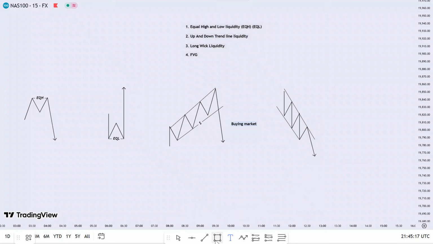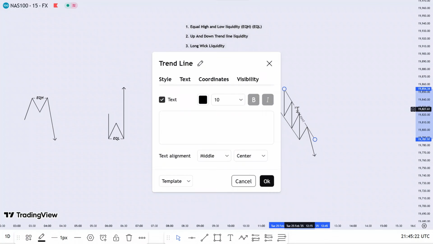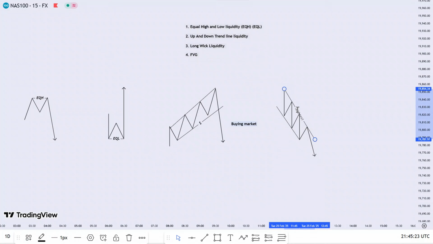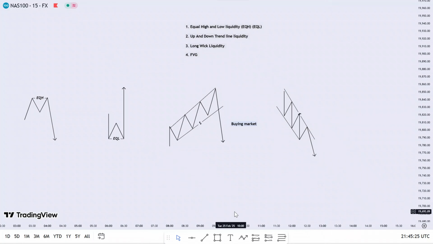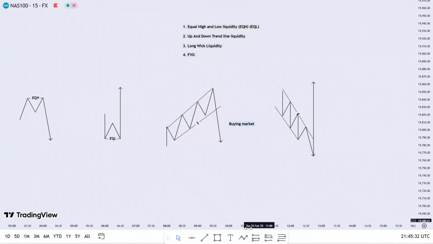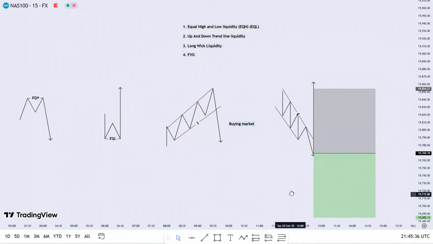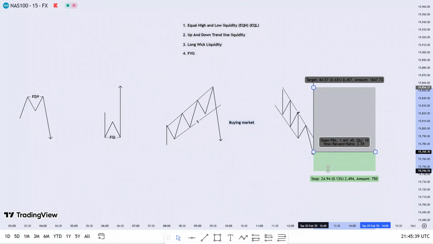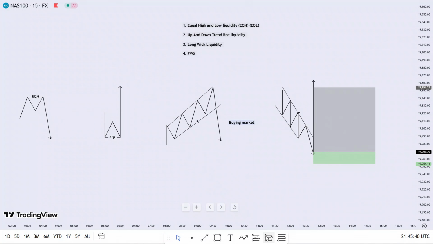So for this scenario, the liquidity is on the upside, because the market actually needs to buy from here in order for you to take out the liquidity. Okay, so the market needs to buy from there in order for that liquidity to be taken out.